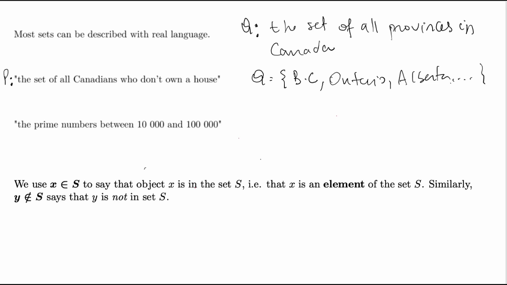So the best way to do it is just to use the language description. S, for example, this set here is the prime numbers between 10,000 and 100,000, right? So it's another way to describe, and it's easier because it's very difficult to list these numbers in curly brackets.